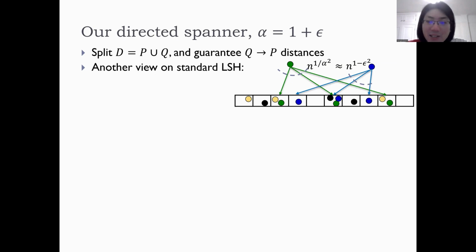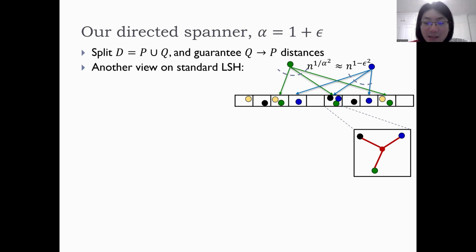In this data structure, one point is put into multiple buckets, and we only repeat one time. In the query phase, we pick a point Q prime from Q, and also query multiple buckets. With the same performance as the standard LSH, there is a bucket such that P prime and Q prime, if they are close, will meet each other.